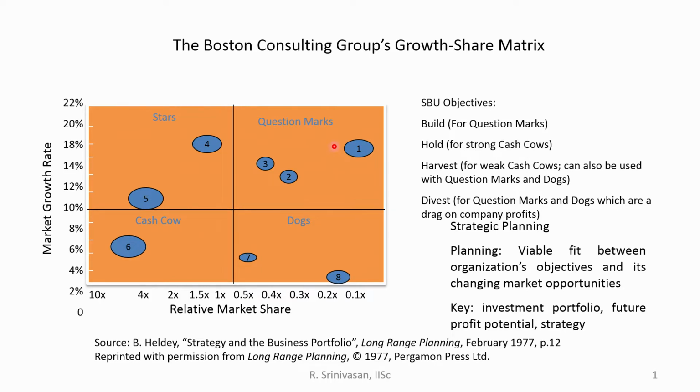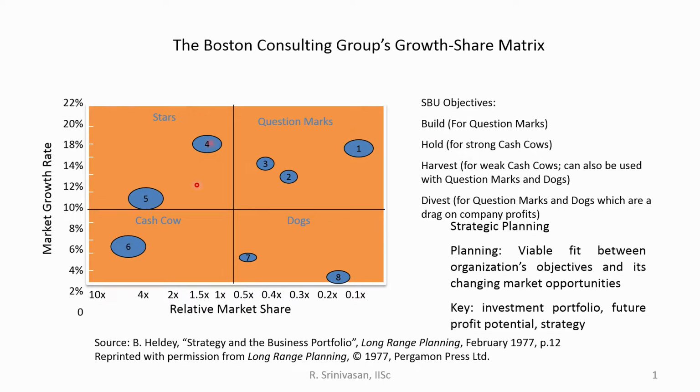So, the marketing communication mix you try to emphasize, to ensure this SBU objective when it is in question marks: you want to build that SBU so that it can move towards stars.